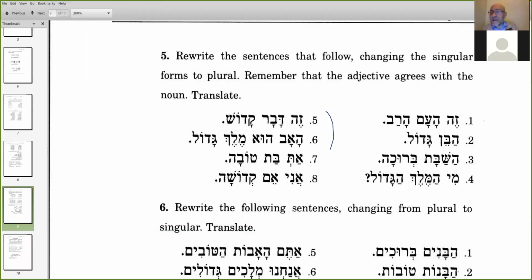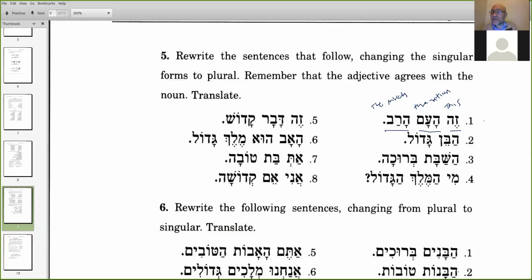So right now we have ze, ha'am, harav. We know this is the word for this, the nation, and the much or abundant. So we need to change these from their singular sense to the plural.